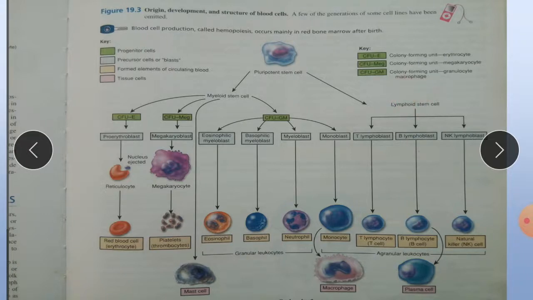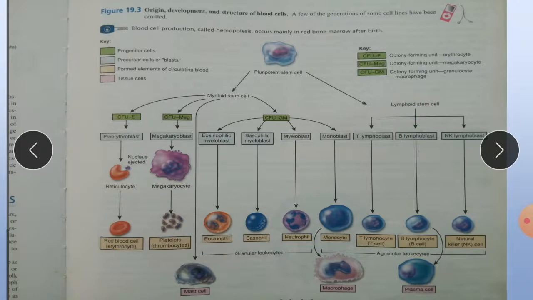In order to form blood cells, pluripotent stem cells in red bone marrow produce two further types of stem cells which have the capacity to develop into several types of cells. These stem cells are called myeloid stem cells and lymphoid stem cells.